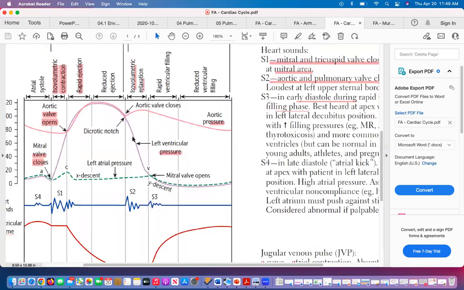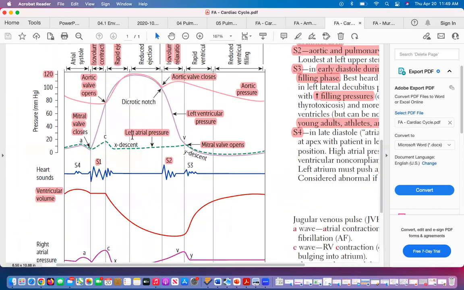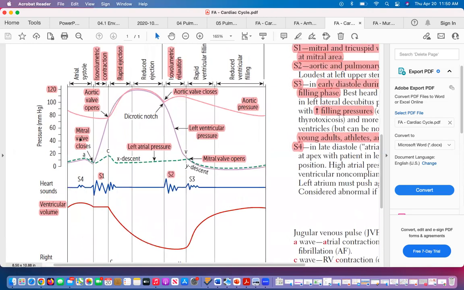So just as a quick review, the moment that the mitral valve closes is at the same time that the tricuspid valve also closes. You know that the mitral valve and tricuspid valve in a healthy person should close at the same time. And when they close, we hear the S1 sound.